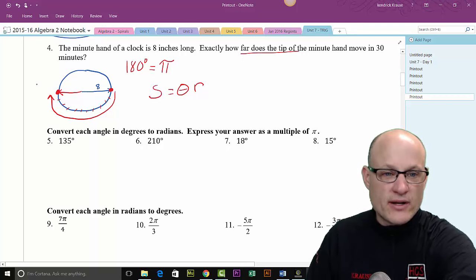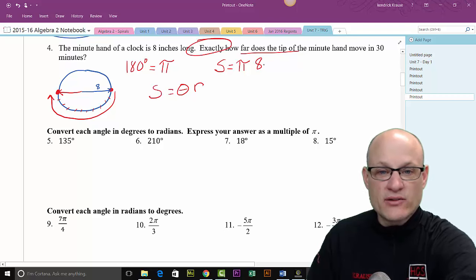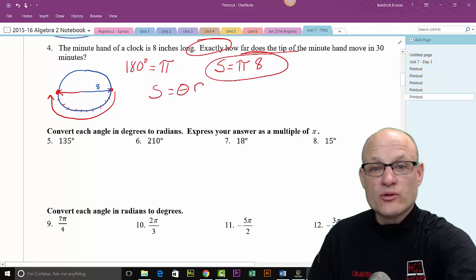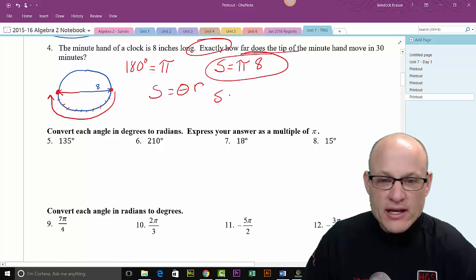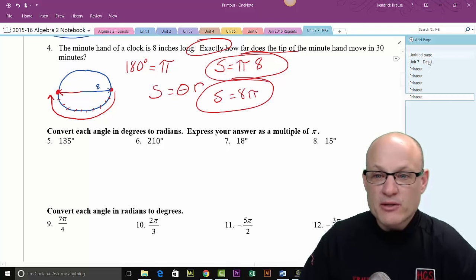We're going to find the arc of the tip. So we're finding S. S equals theta times the length of my hand, which is 8. And I said exactly, so there's the answer. S equals 8 pi. Pi 8 doesn't make any sense, S equals 8 pi makes more sense.